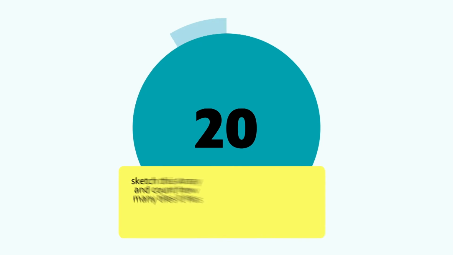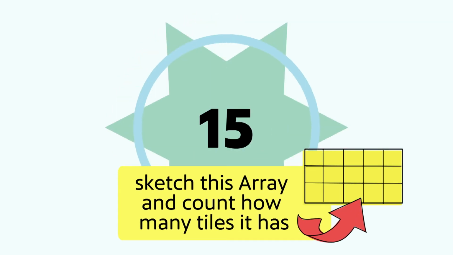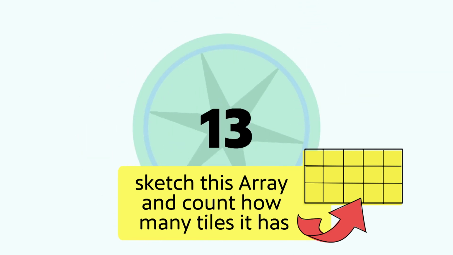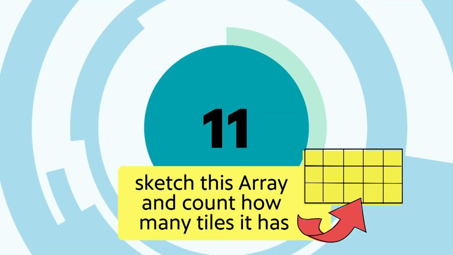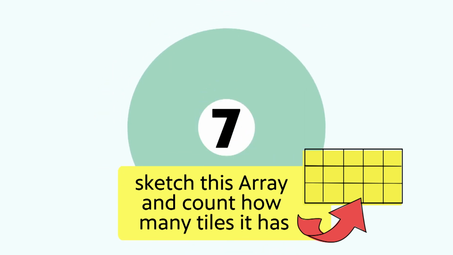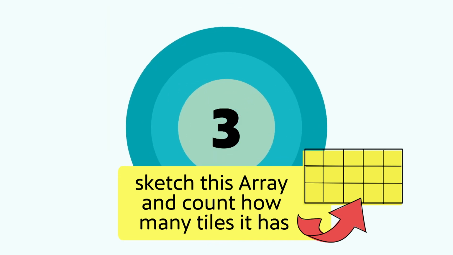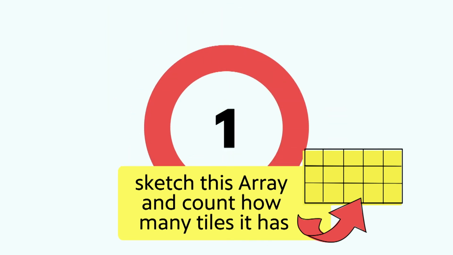Now, take a look at this arrangement. If you would, draw it on your paper and count how many tiles there are in all. Would you whisper what you got to me?